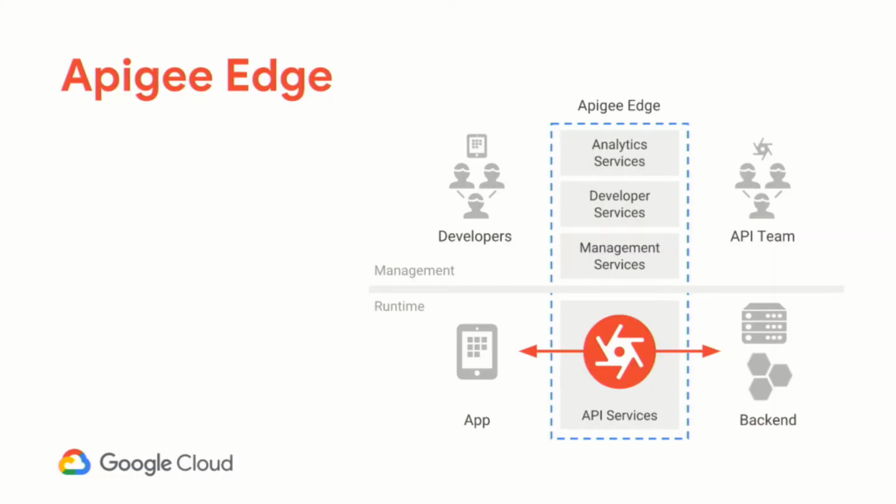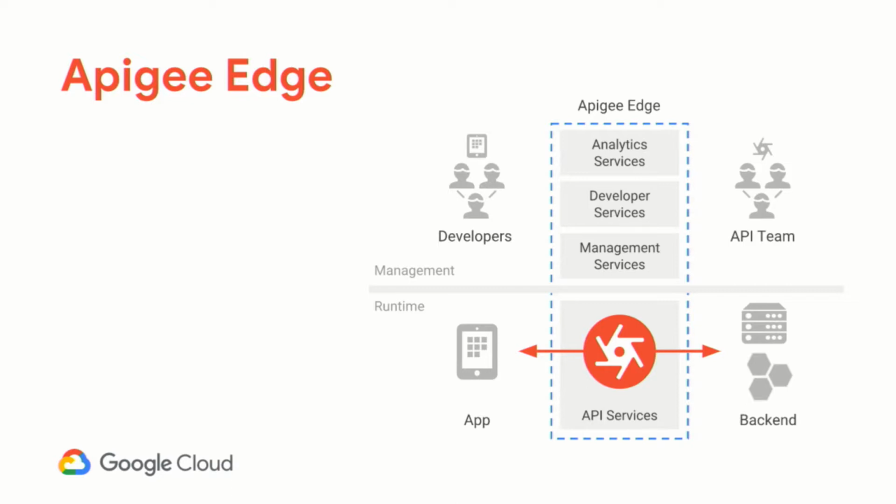So this is a high-level look at the capabilities of the platform. It's one single unified platform with a single experience for your users, but it can be thought of as being in three conceptual parts. API services hosts your runtime, and that manages all your API traffic. That's where you would apply all the API features and policies like traffic management and security that we'll get into.